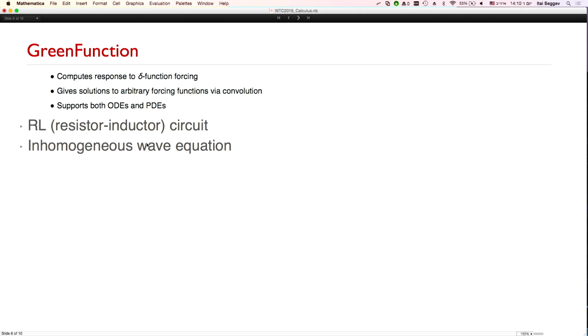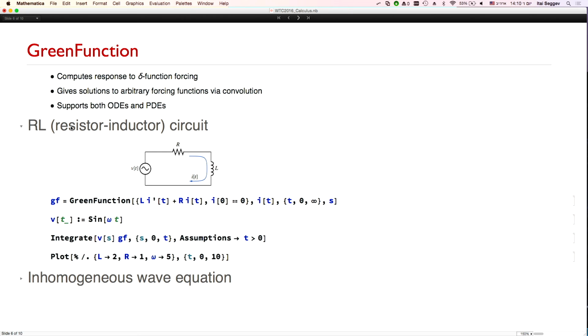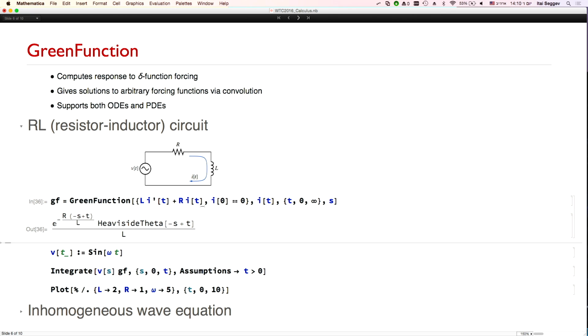Another nice topic is GreenFunction. GreenFunction computes a response to a delta forcing function. And the utility is that for linear equations, arbitrary forcing functions can be solved using convolution. So a nice basic example is you have an RL circuit. And so we have here the right-hand side of the equation, the operator part, and some initial condition, and we ask for the current as a function of time.